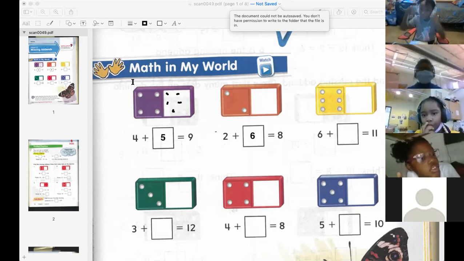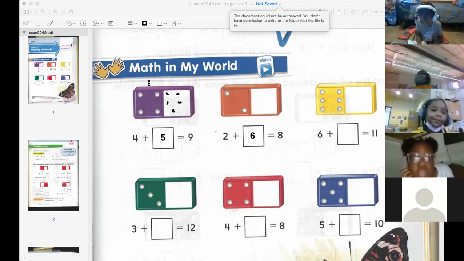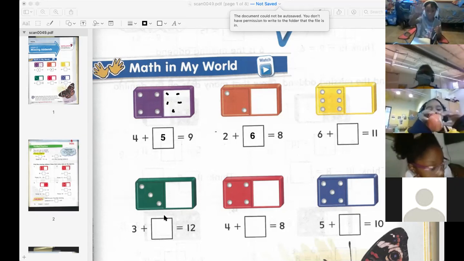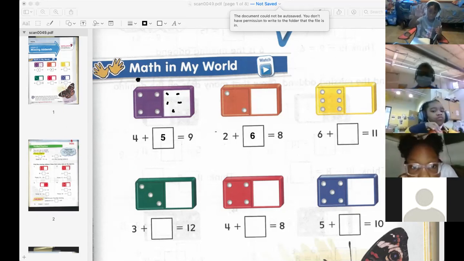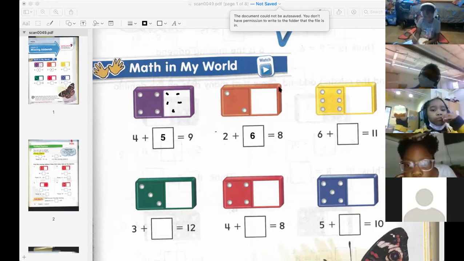So we can go 6, 7, 8, 9, 10, 11. Your equation is going to equal. This is going to be the same as this on the other side. I can't make the equal sign, but that's what it means.